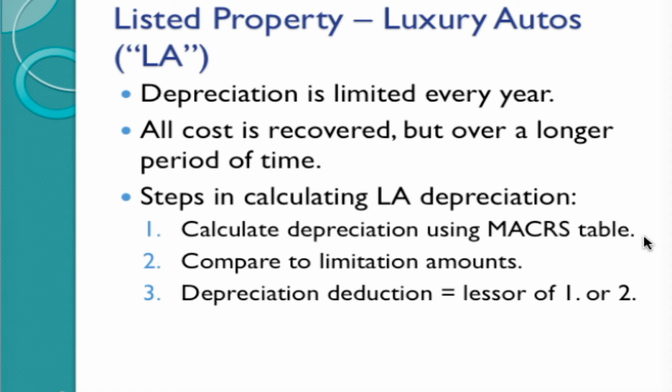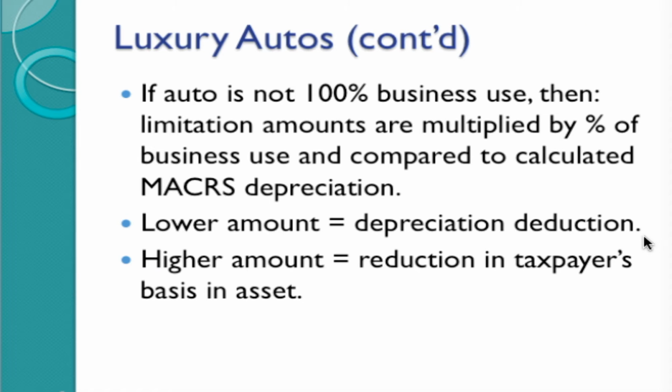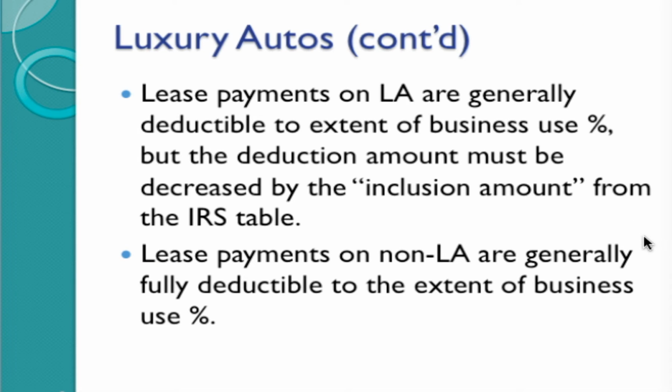One category of that listed property is luxury autos, and there are some special rules related to those. I won't spend a lot of time on them, but there are a few slides devoted to dealing with luxury autos.